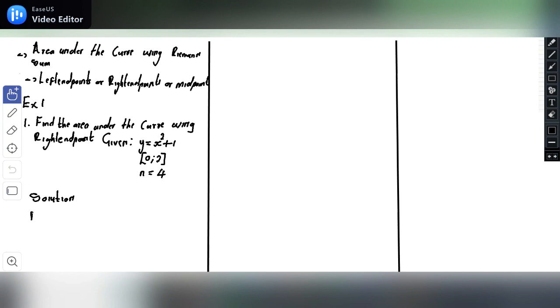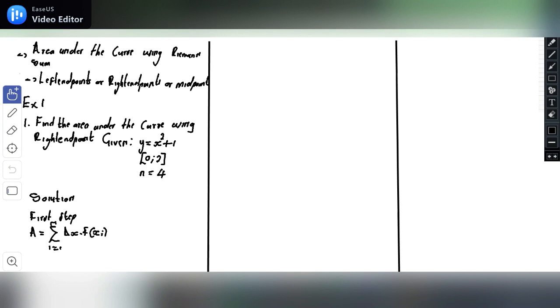So the first step, guys, that you need to do, let me write it. Whenever you're given this type of question, the first step is to write the formula for calculating the area under the curve. For Riemann sum, the area is equal to the sum from i equals 1 of delta x, or the width, multiplied by f of x i.